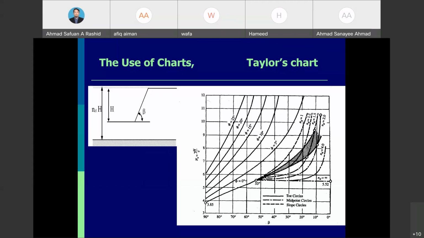Actually, in hydraulics, if I'm not mistaken, you have learned this dimensional analysis. So before we move to several examples, I will discuss it. Dimensional analysis.